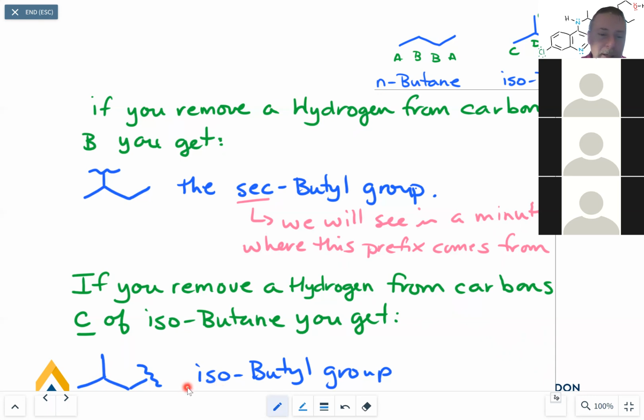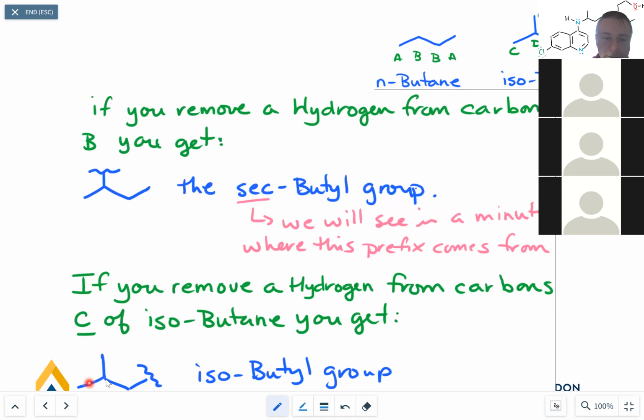And so they can't use the primary sort of thing for this because it's not telling us about the structure down over here. So this is a primary carbon, just like in the N-butyl group, it's attached to a primary carbon. But we need to let them know that it's an isomer of it.